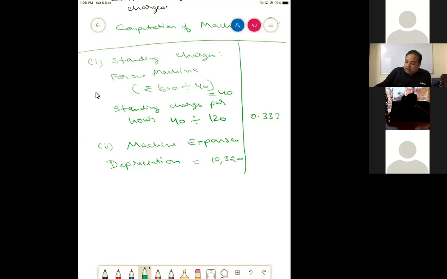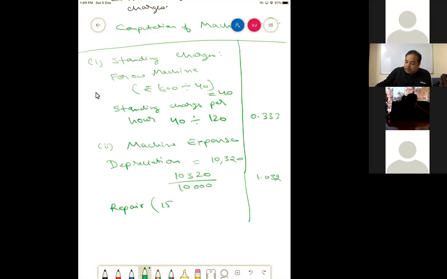Now for this, you compute it for 1 hour. For 1 hour, effective working life is 10,000. So you divide this 10,320 divided by 10,000, which is again given in the question, that effective working life is 10,000 hours. So per hour you will get 1.032.